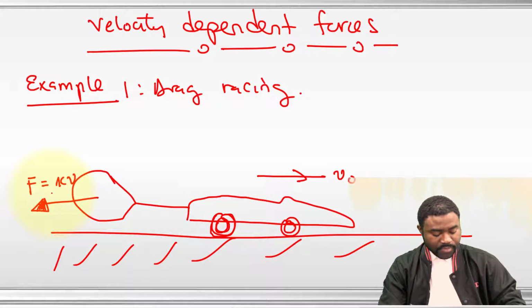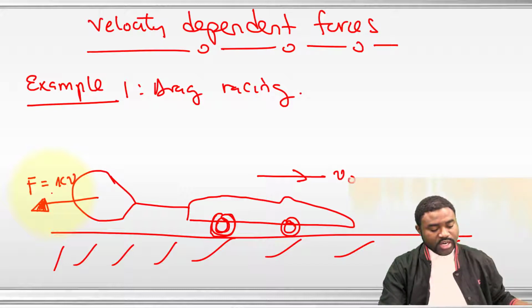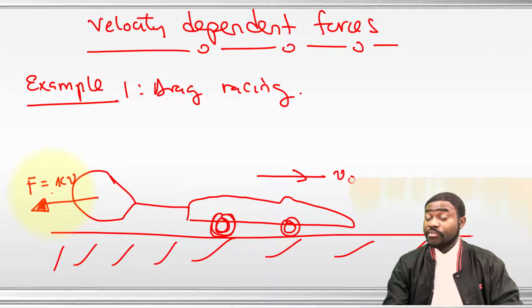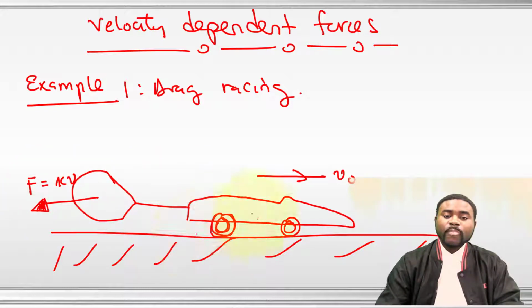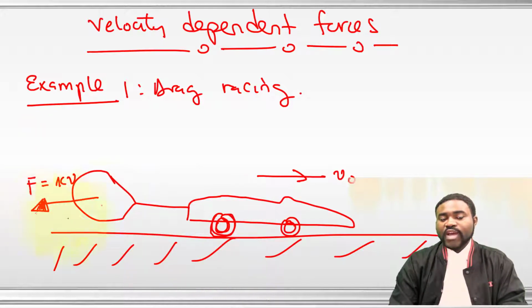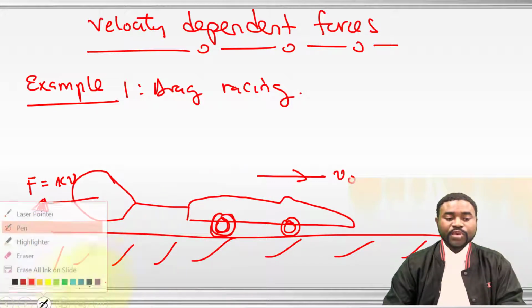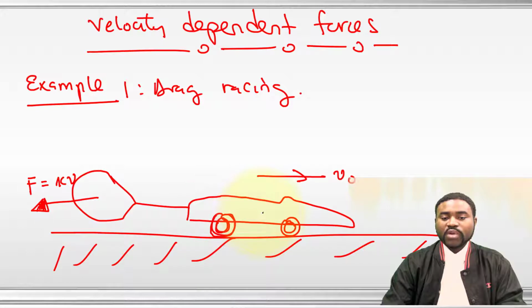Now, the very first step in solving this kind of problem is to, first of all, draw the free body diagram. Remember that the friction due to air outweighs the friction due to the surface. So we are going to totally ignore the friction on the surface. If we do the free body diagram, we will have a force downwards. This is mg.